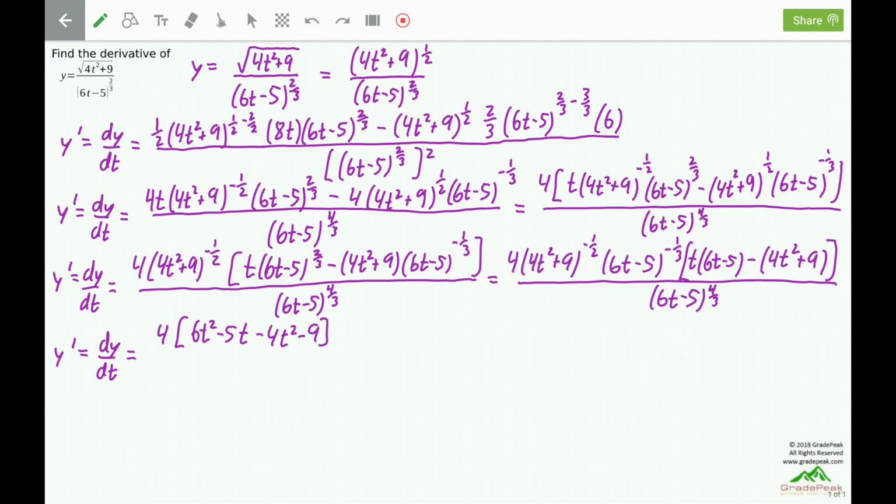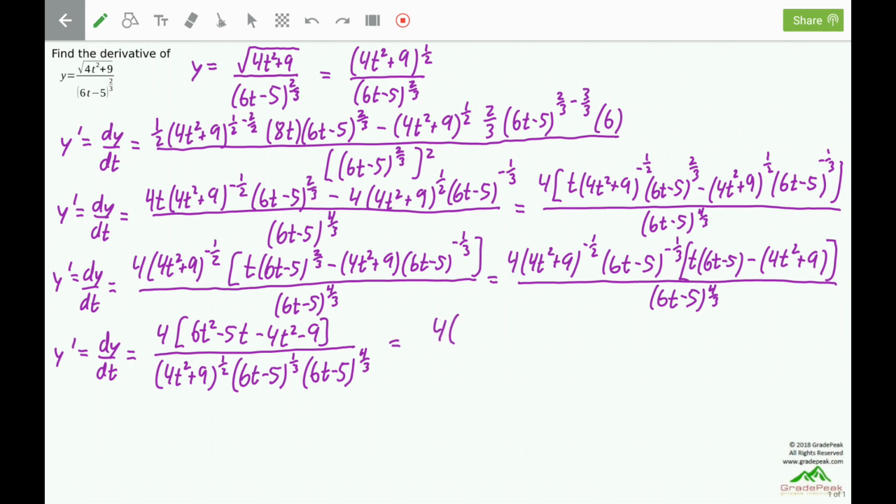And all this will be over. Now remember, we moved those negative exponents to the denominator, so we will have a 4t squared plus 9 to the positive 1/2, and we will have a 6t minus 5 to the positive 1/3, and then we already had a 6t minus 5 to the positive 4/3 down there.